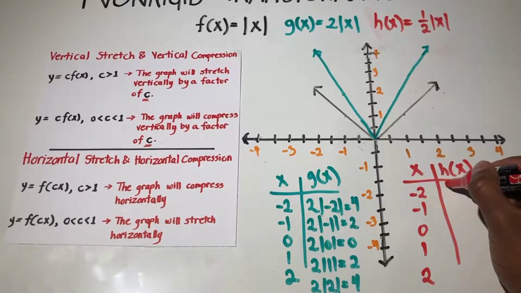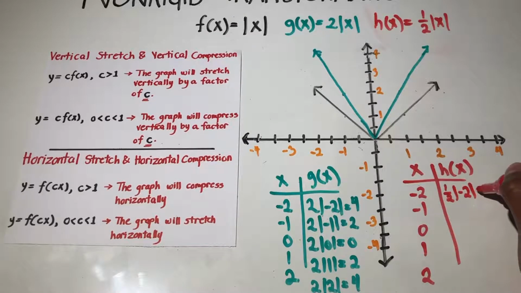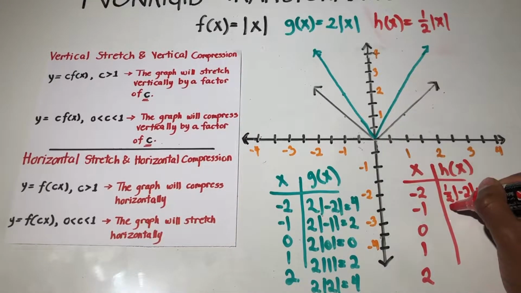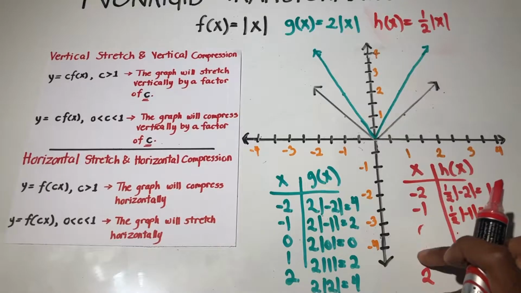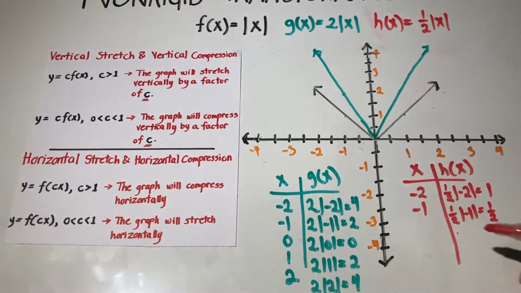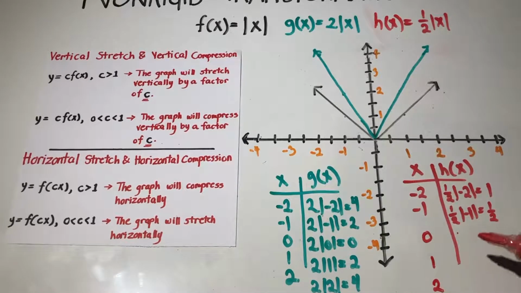Now, half times the absolute value of -2. The absolute value of -2 is just 2, and then 2 times half is going to give us 1. Half times -1, the absolute value of -1 is just 1, so 1 times half is just half. We have 0, 1, 2.